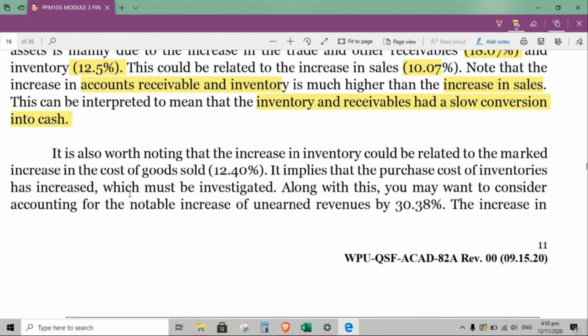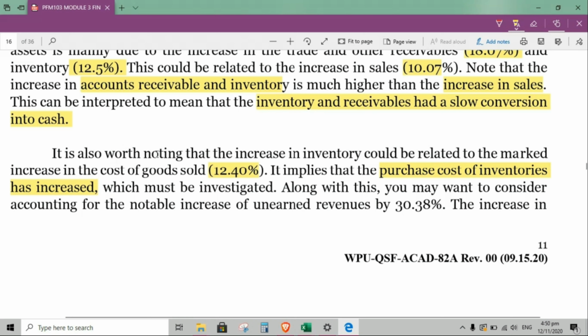So, it is also worth noting that the increase in inventory could be related to the marked increase in the cost of goods sold. So, yung inventory, yung taas niya, related din sa pagtaas ng cost of goods sold. Yan. So, 12.40%. Bakit siya related? Kasi nga, pag bibili tayo, of course, the purchase cost of inventories has increased.